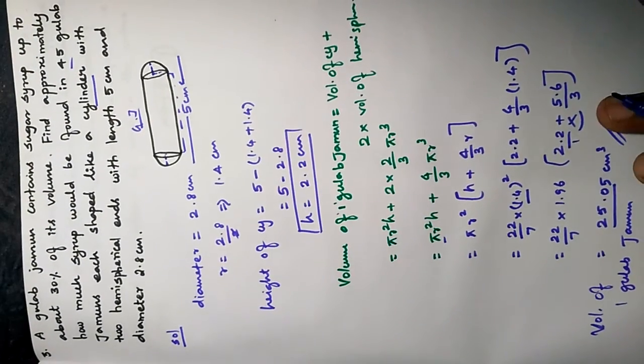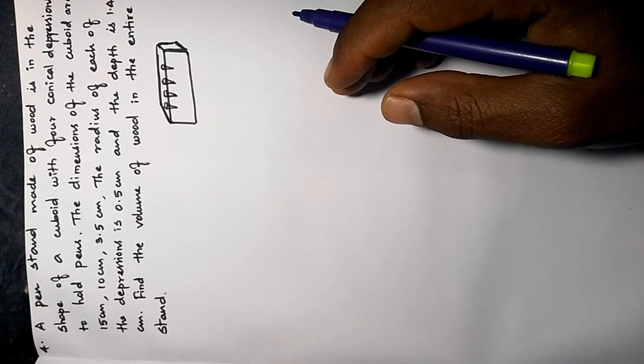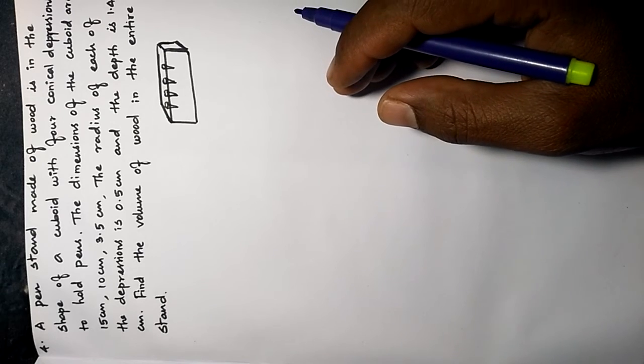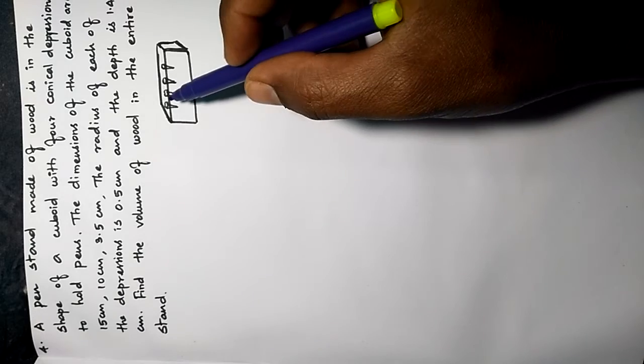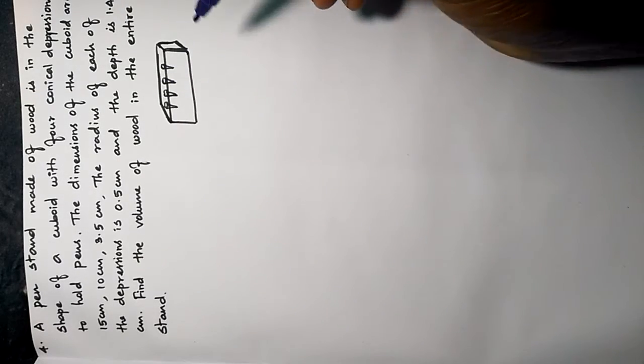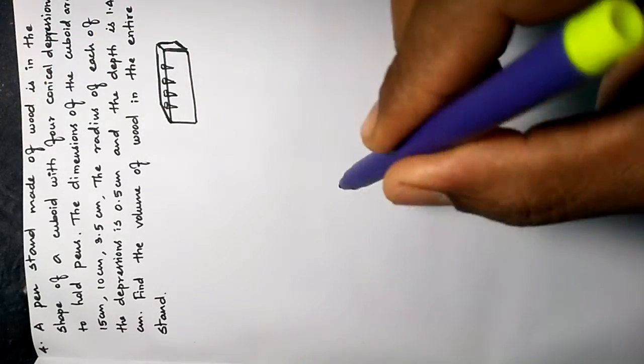Okay, let's move to question number 4. So here we have question number 4. A pen stand made of wood is in the shape of a cuboid. Okay, a pen stand is made with a cuboid with 4 conical depressions. So these are the 4 conical depressions to hold the pen, to keep the pen.